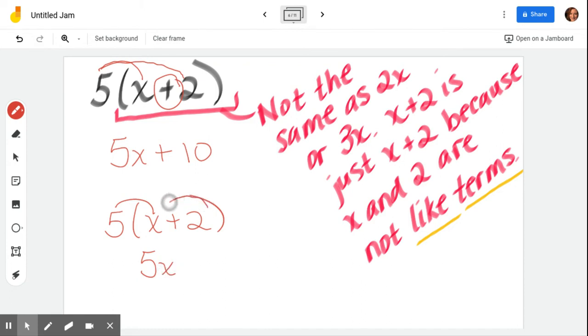And then I have a positive 2, plus add positive. They're really all the same thing. So I'm going to take 5 times a positive 2 and a positive 10 is what I get. So I write plus 10. I know that doesn't seem very necessary right now, but when the negatives are in there, it'll help you if you kind of train your brain to see that as a positive 2, not just a plus 2.